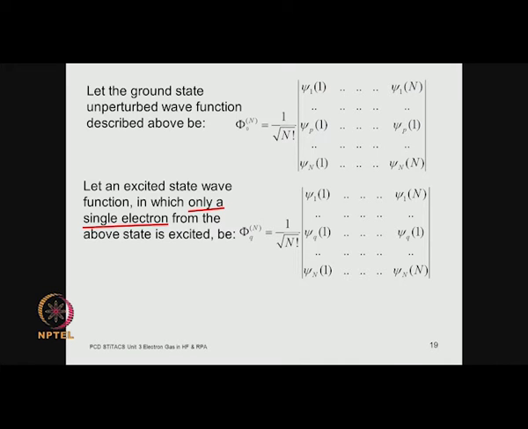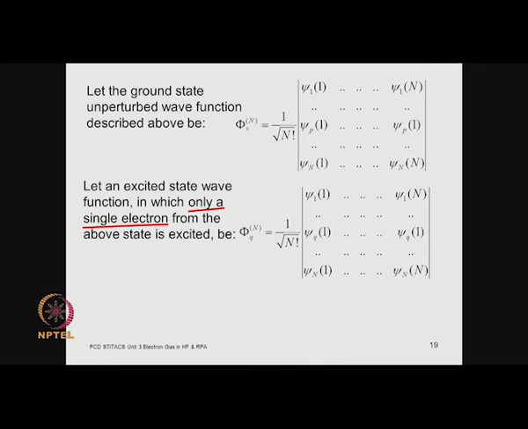So, only one occupation number is different. It is the same n electron system, but in a different configuration. Phi 0 is what I sometimes refer to as phi p, and phi q is labeled with the index q because it is the qth one which is occupied in the excited state, whereas it was the pth state which was occupied in the ground state, all the other occupation numbers being essentially the same.